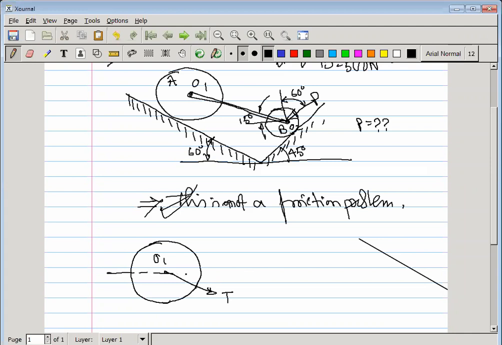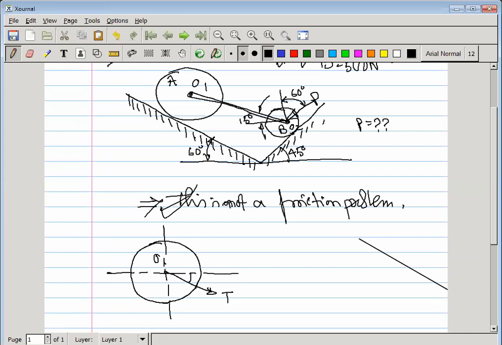Now, how much is this angle? Can anybody tell me? This one is given, right? This angle is given 15 degree, right? Then how much is this one?